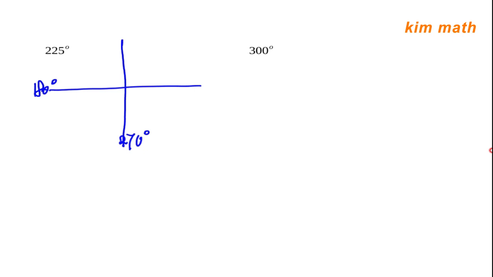My key point is 225 is approximately where? Please note that 225 is 45 more than 180 and 45 less than 270, right? Which means 225 is exactly half of this two angle 180 and 270.